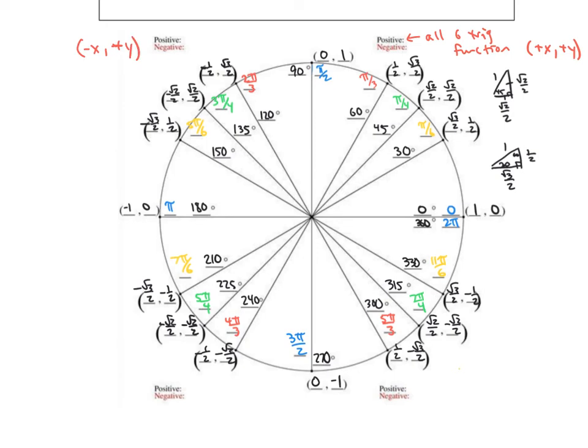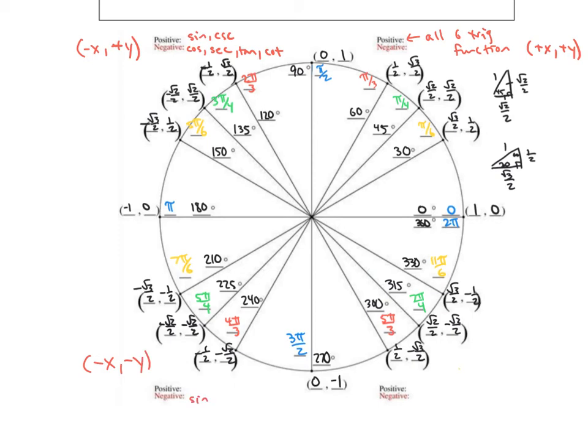So cosine and secant are going to be negative. Sine and its reciprocal cosecant are going to be positive. And then tangent, since it's y over x, is going to be negative, and cotangent is x over y, it's going to be negative. In the third quadrant, sine and cosine, or the x and the y, are both negative.